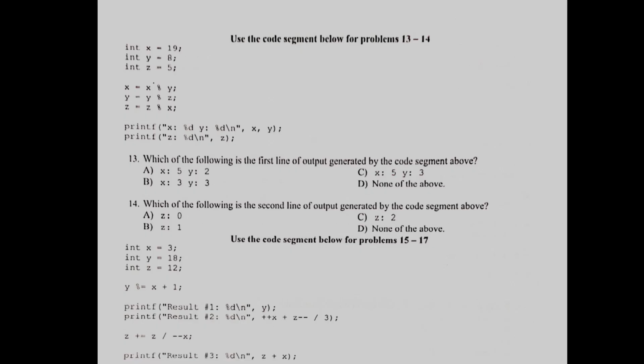So 19 modulus 8 is going to be, well, 8 goes into 19 twice with 16, so the modulus is going to be equal to 3. And then y is going to be y modulus c. So that will be 8 modulus 5.